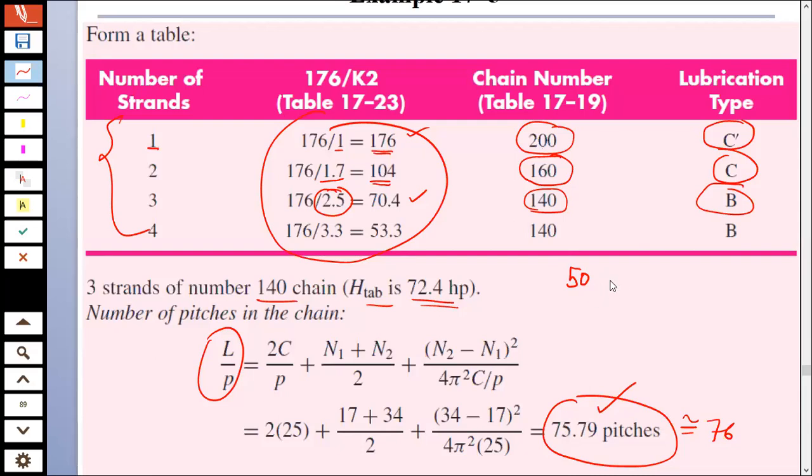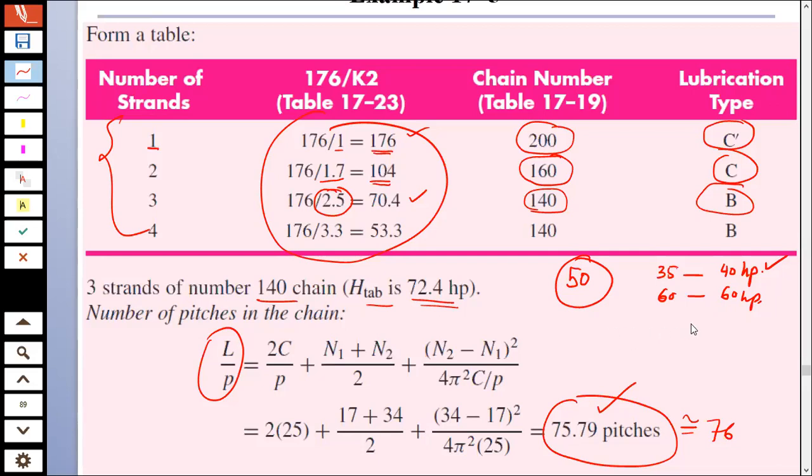You go to the table and there is an option, let's say chain number 35 can transmit 40 horsepower. What would you do? And let's say that chain number 60 can transmit 60 horsepower. What are your options now? And you have to transmit 50.